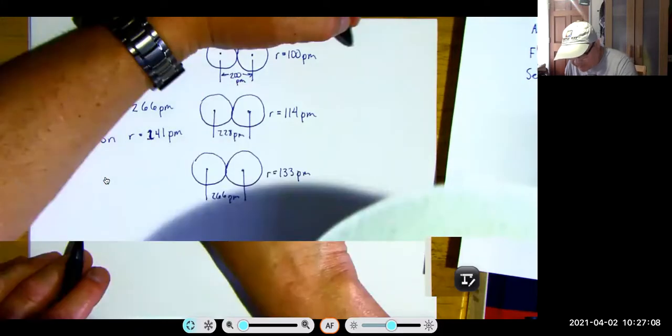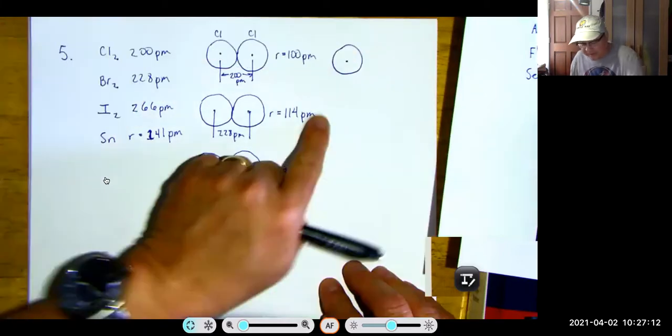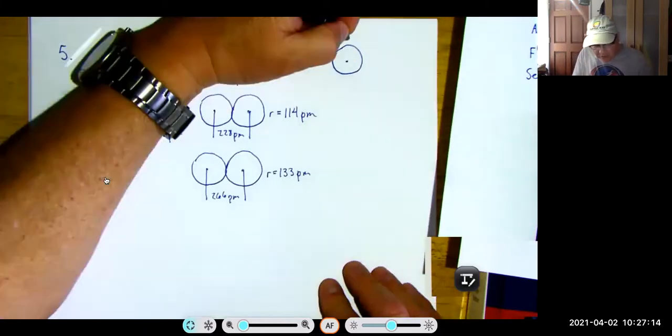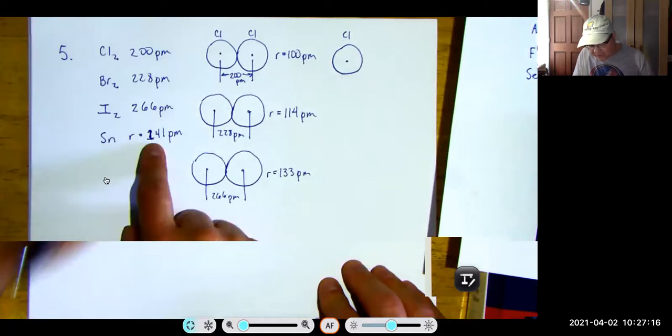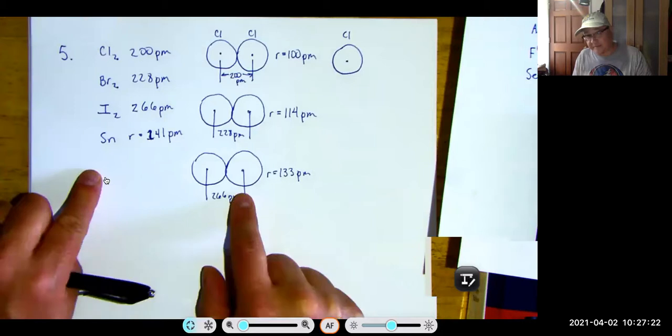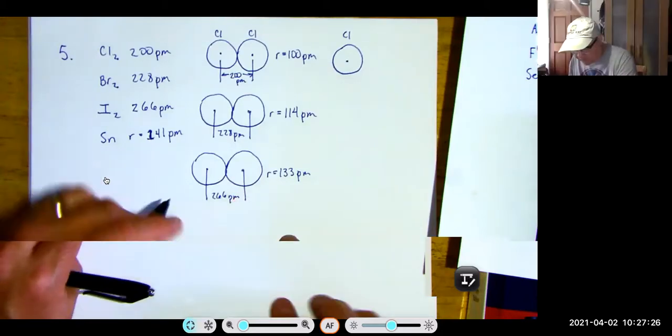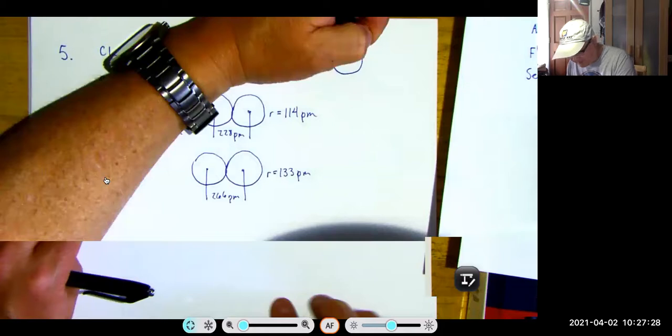So here, I'm going to try to duplicate the size of this guy where the radius is 100. So there's my chlorine, supposed to be the same size as one of these. And now I want to draw a tin next to it, which has a radius of 141, which makes me think it should be even bigger than iodine, right? Yeah. Okay, so I'm going to draw something here that hopefully looks bigger than iodine.